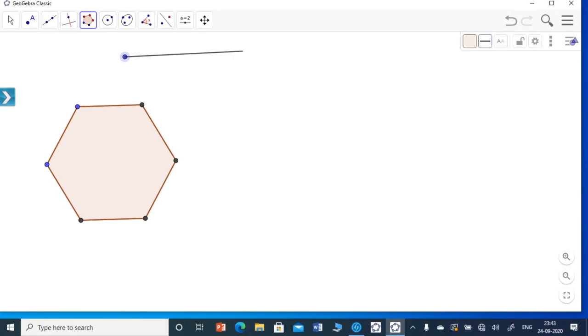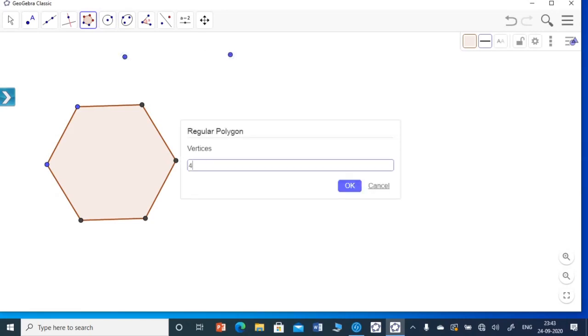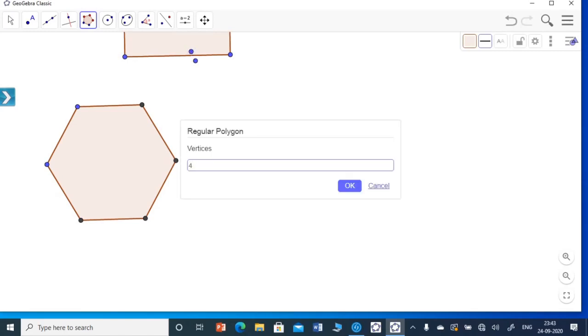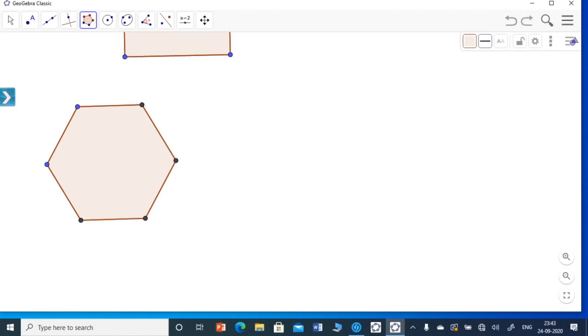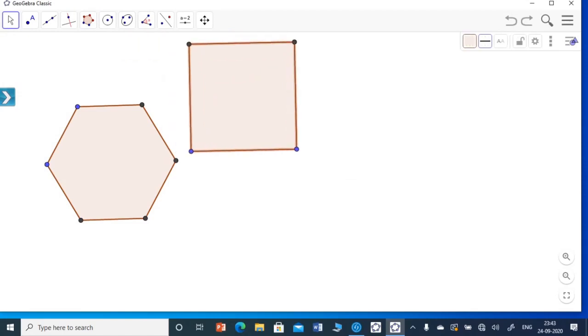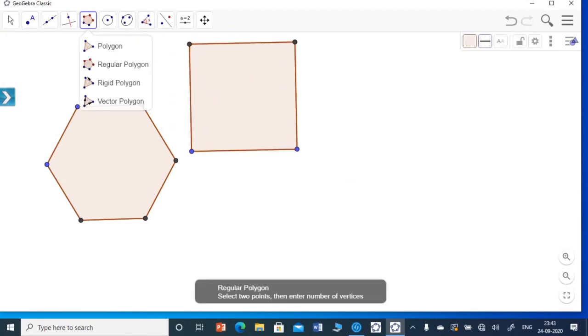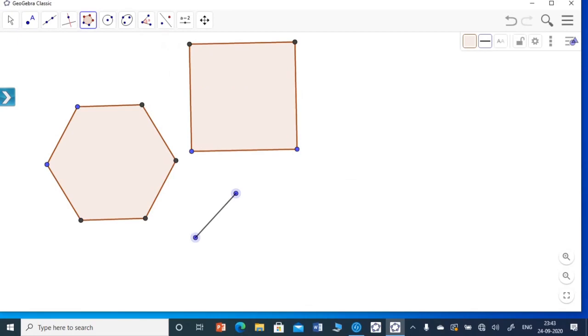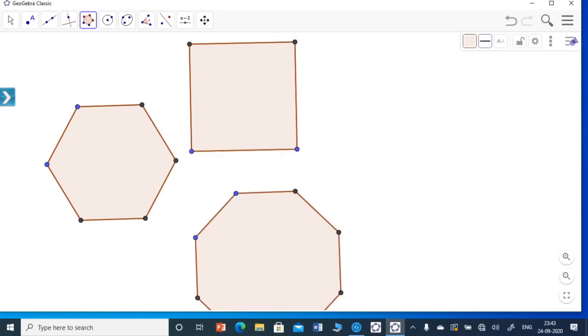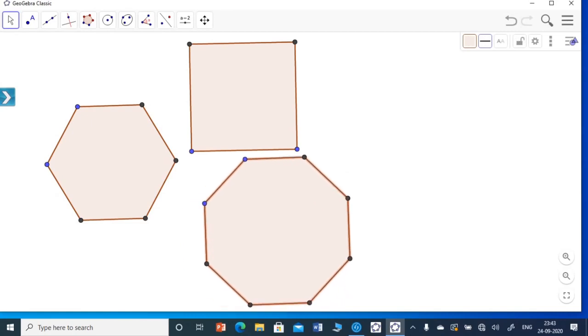In this, all sides are equal. Now this is a square. In the square also all sides are equal and all angles are equal. These are regular polygons. Polygons having all sides equal and all angles equal are called regular polygons.